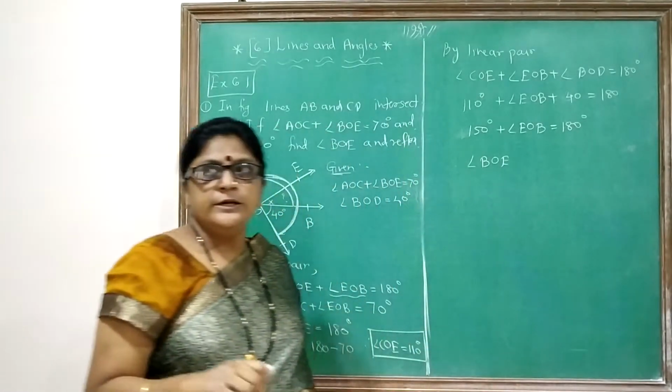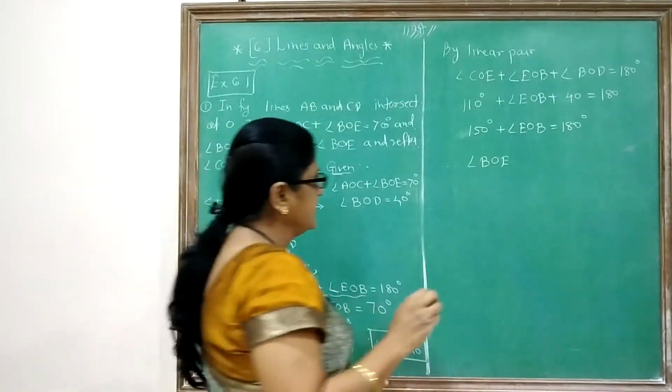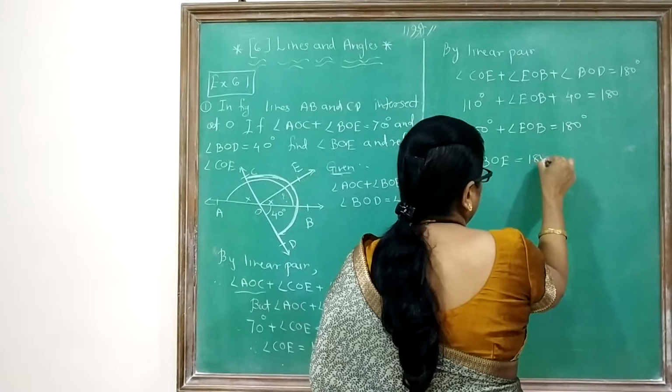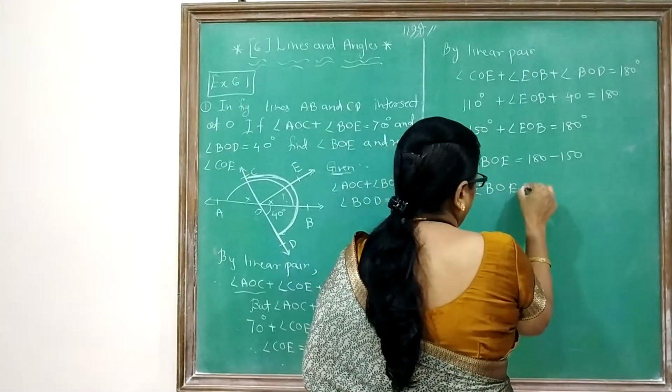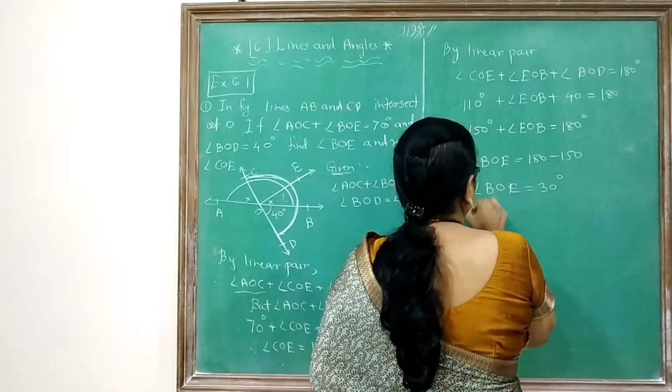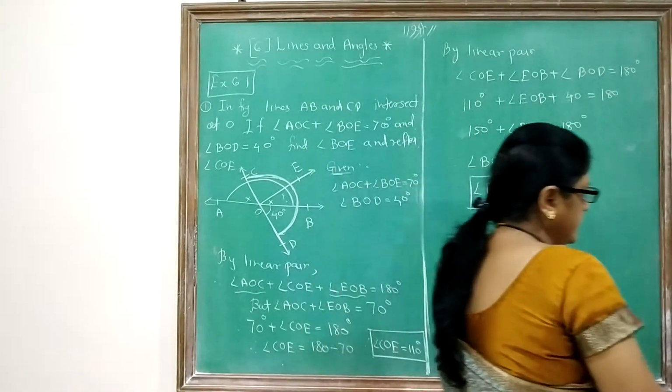EOB or BOE, they are the same. Then equals 180 minus 150, so angle BOE equals 30 degrees.